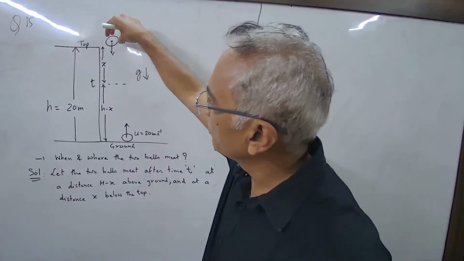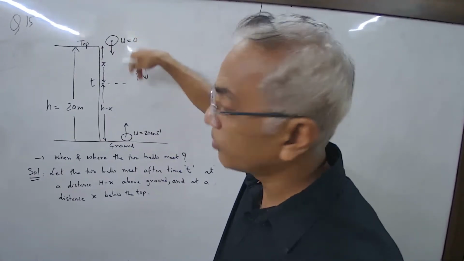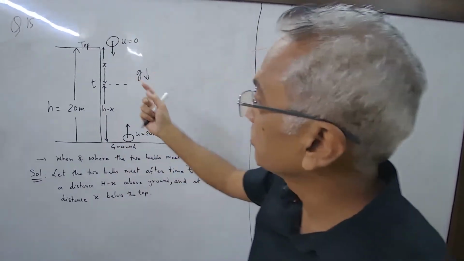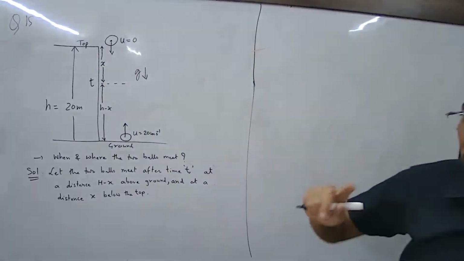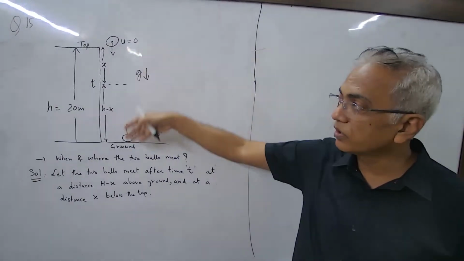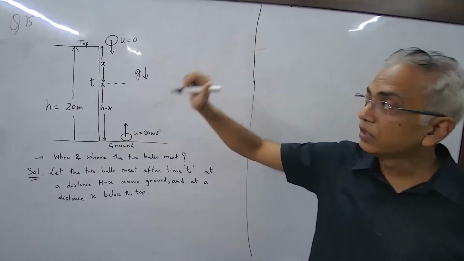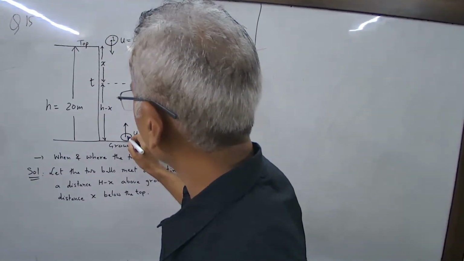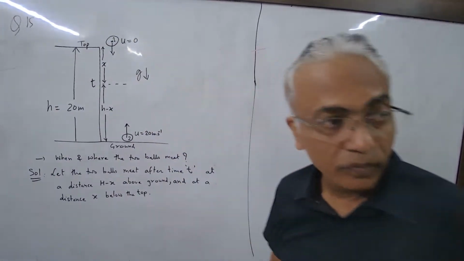For the ball which is dropped from the top, g will be positive. And for the ball which is tossed from the ground, g will be negative. So now we'll write the equation of motion for these two balls. Let's call this ball 1 and this ball 2.